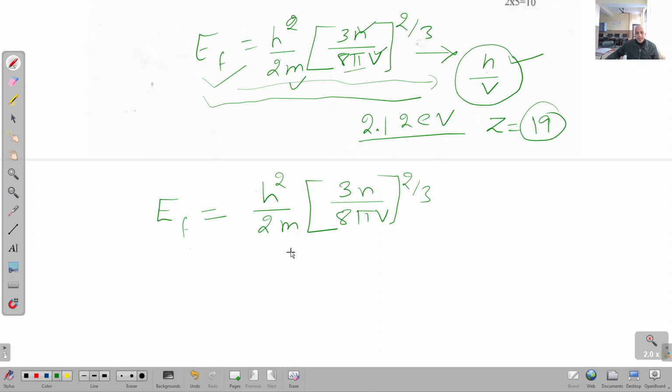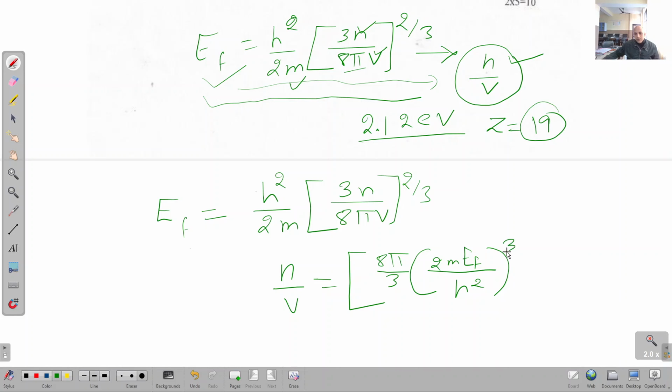If I rearrange this equation, then I will get n upon V is equal to 8 pi upon 3 into bracket 2m Ef upon h square power 3 by 2.